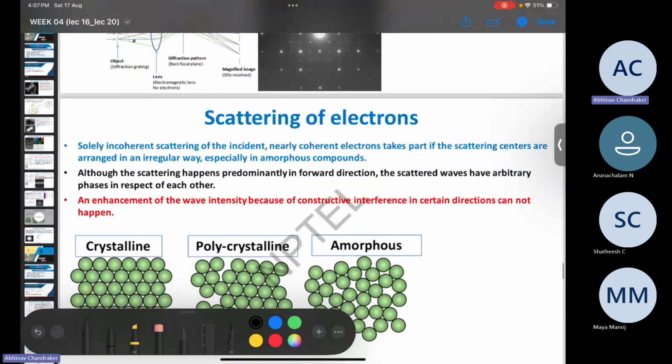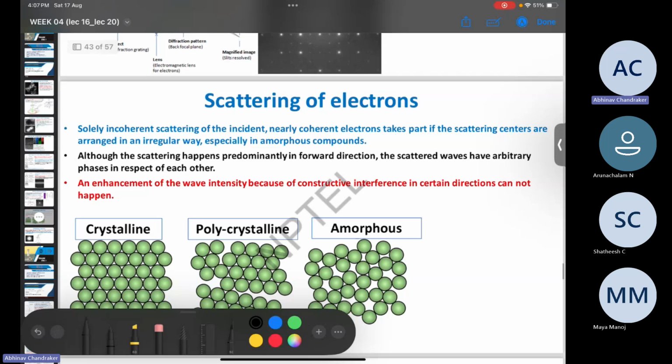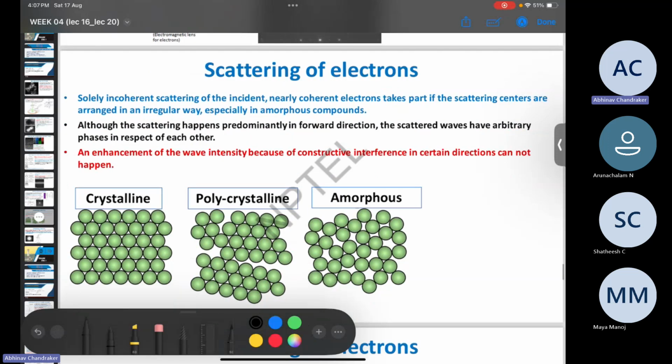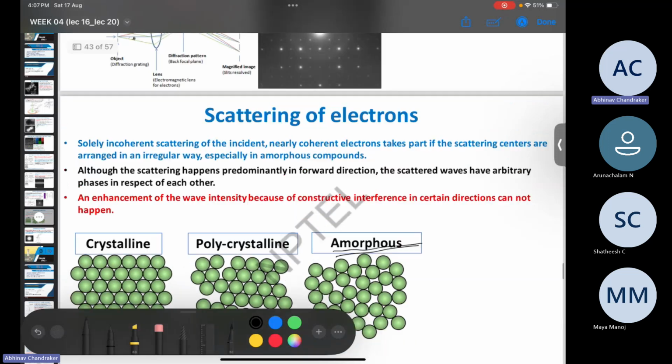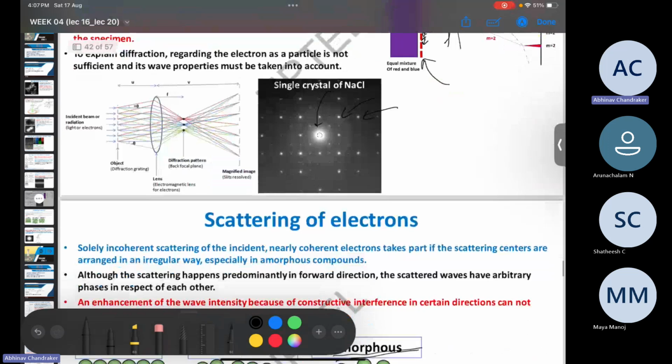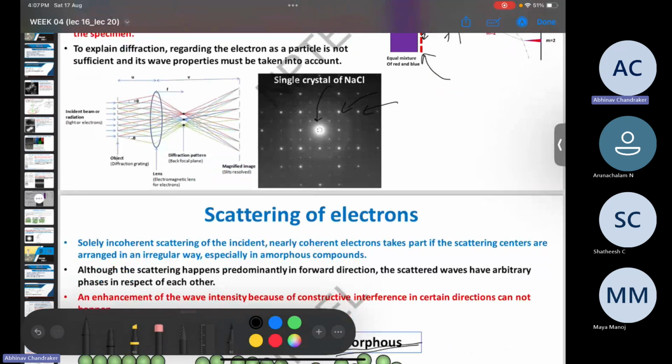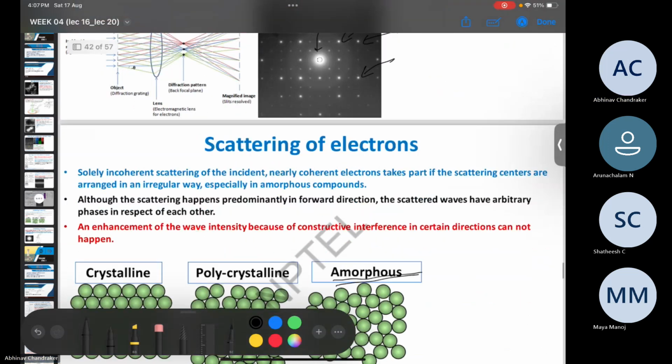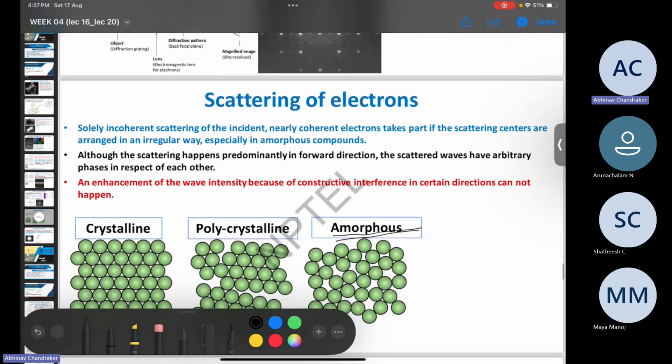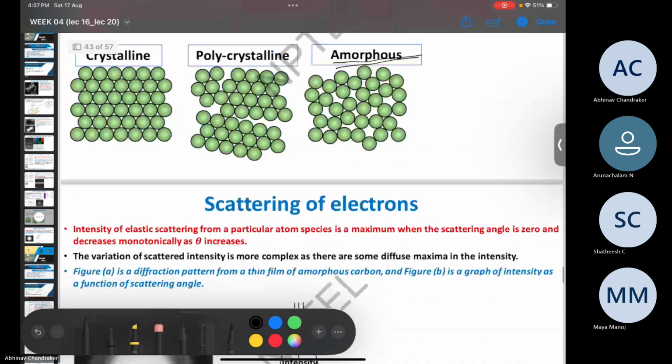In case the atoms in the material are very haphazardly arranged, for example in amorphous structures, we do not see this kind of a periodic arrangement of the diffracted spots, and the scattering is more arbitrary in this case.